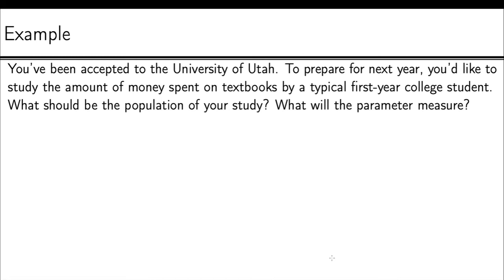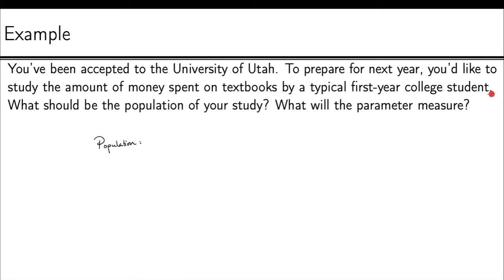Let's look at another example. You've been accepted to the University of Utah. To prepare for next year, you'd like to study the amount of money spent on textbooks by a typical first-year college student. What should be the population of your study, and what will the parameter measure? So remember, the population is the group of individuals that you actually would like to know data about. Now, you don't actually care about first-year college students in New York or first-year college students in France.